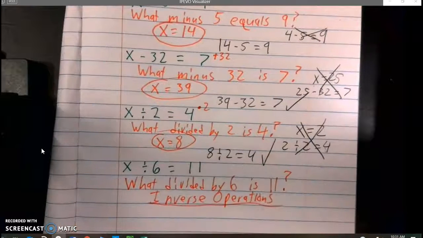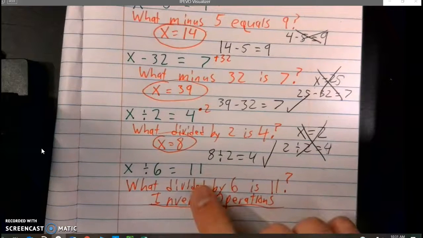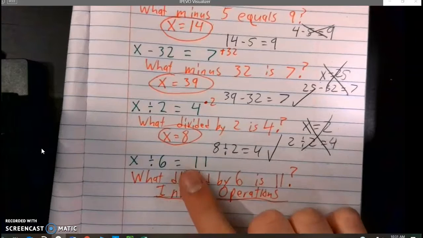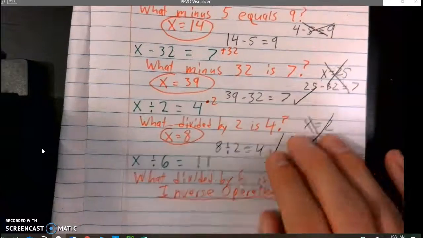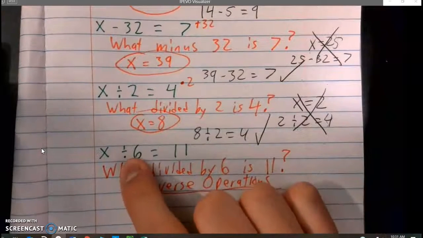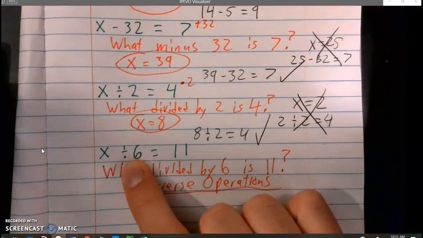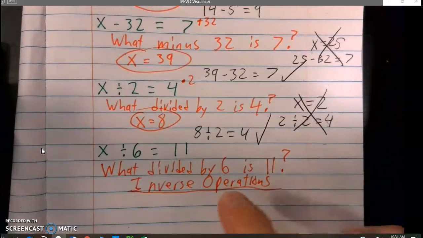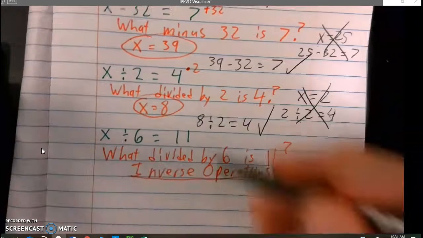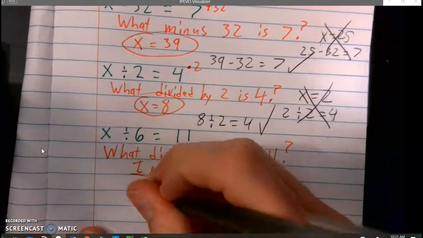I got a lot of different answers for this section. A lot of people did 11 divided by 6 and got a decimal number. Some people just got 5, because maybe they saw this division as an addition, I'm not quite sure. Either way, what we need to do here is inverse operations. I'm going to rewrite the problem down below.